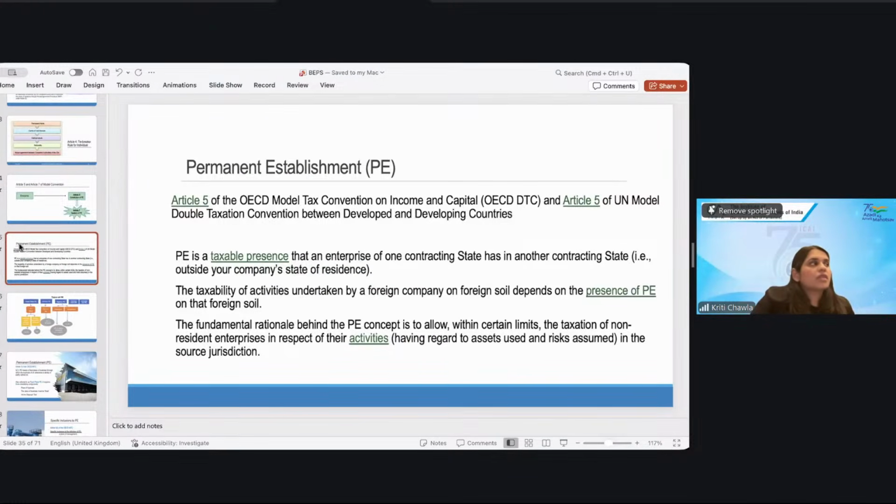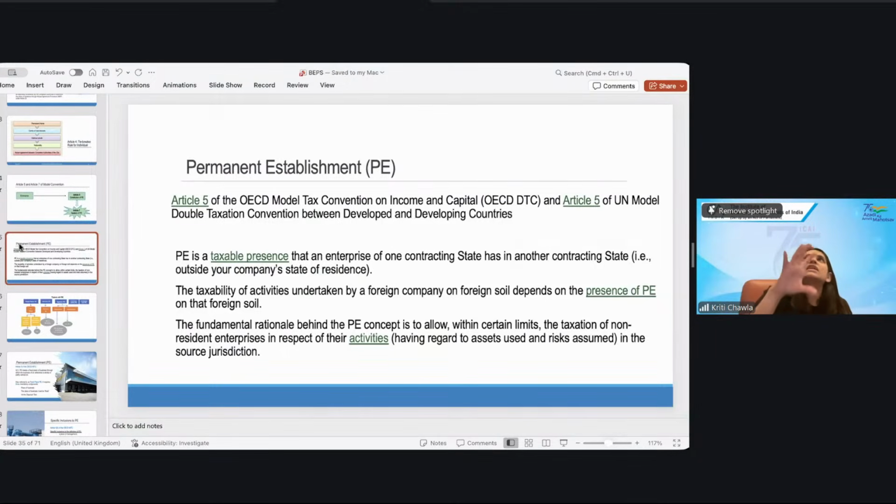Well, a permanent establishment is more like a taxable presence that an enterprise of one contracting state has in another contracting state. So let's say that there is a company in the resident state. If the company in the resident state has some activities in the source state, how will the source state tax those particular activities?